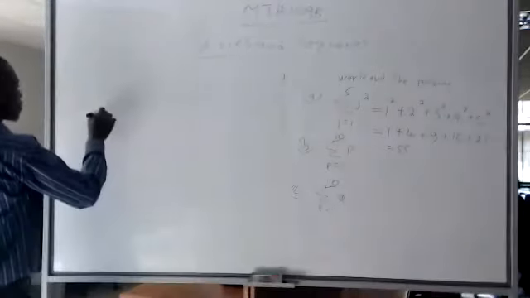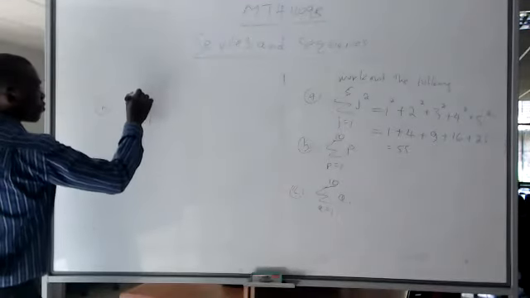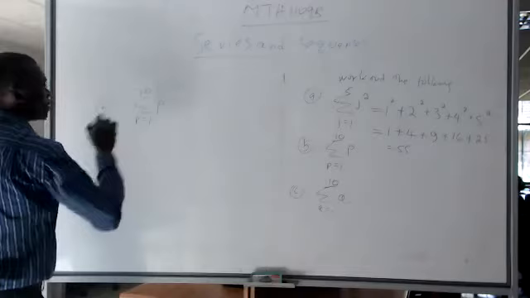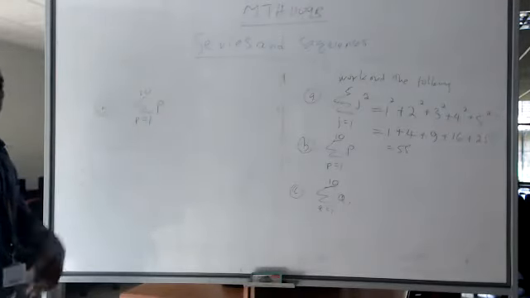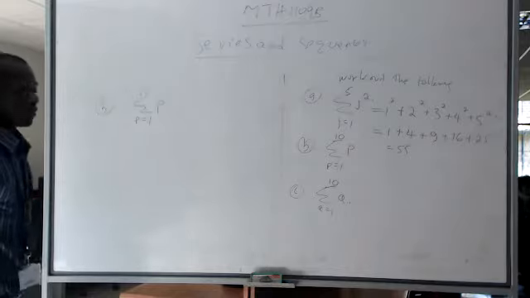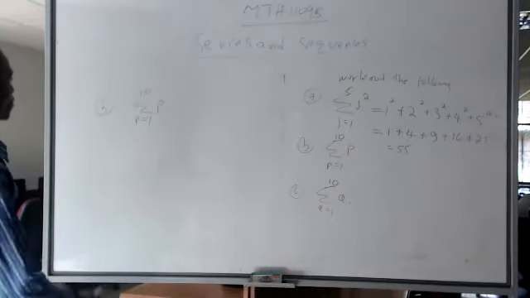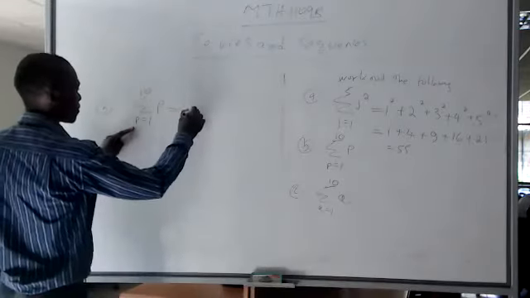Good. The second sum, a variable p from 1 to 10 of p. How many terms are we adding this time around? 10 terms. Good. So at p is 1, we're adding 1.